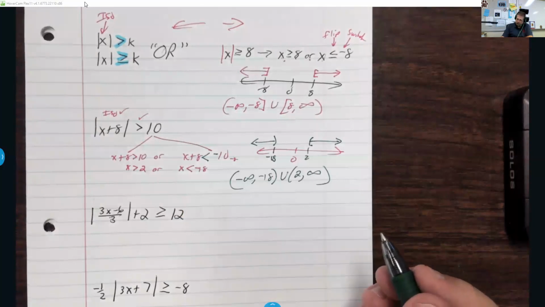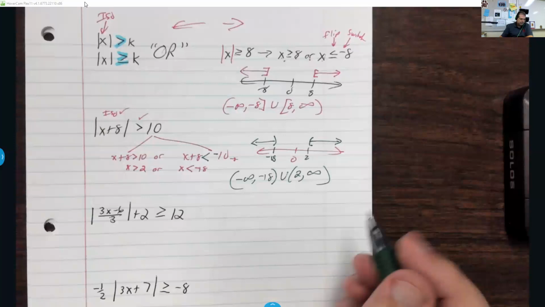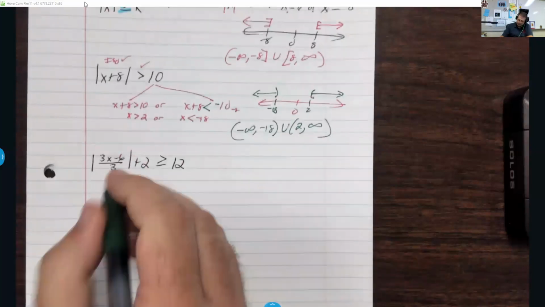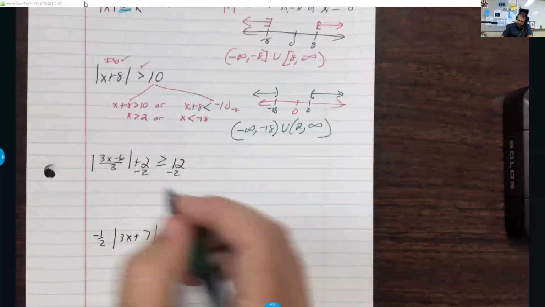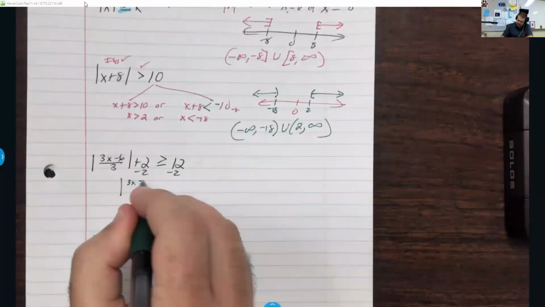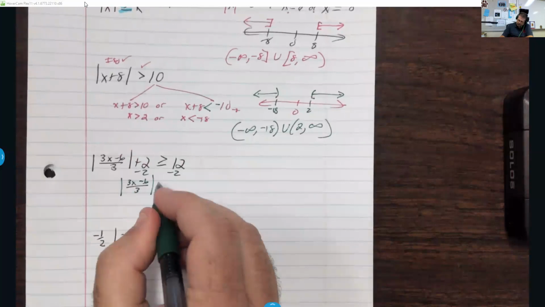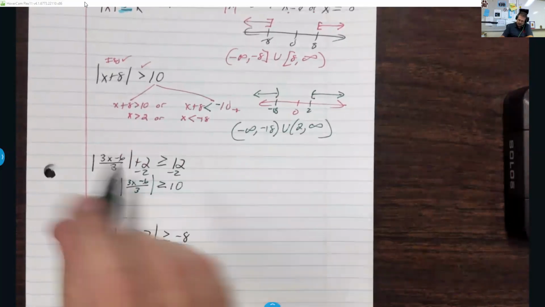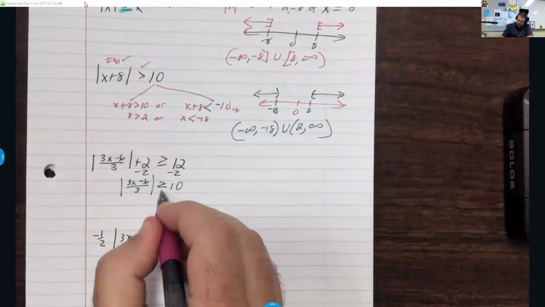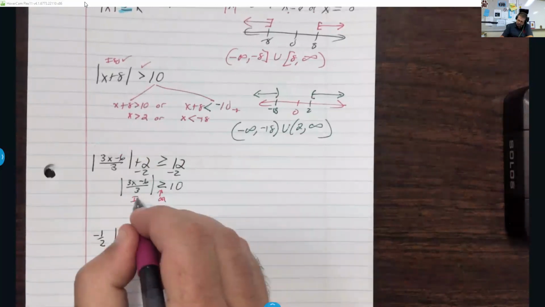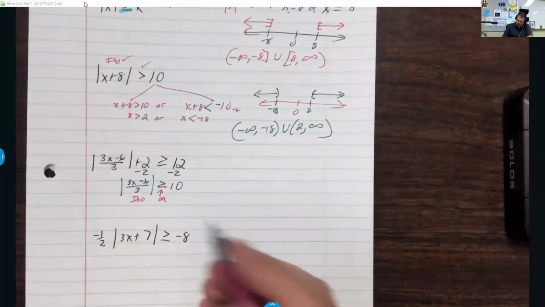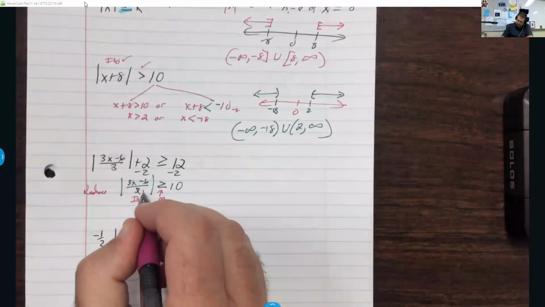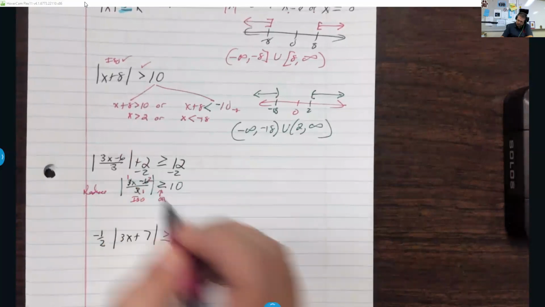All right, so let's look at another one. Here I have a little fraction, but I still need to isolate. So step number 1, subtract 2. And I get the absolute value of 3x minus 6 over 3 is greater than or equal to 10. Now it is isolated, so it is an or, because it is isolated. Now, before I separate, I can reduce inside. That's a 1, that's a 1, and that's a 2.